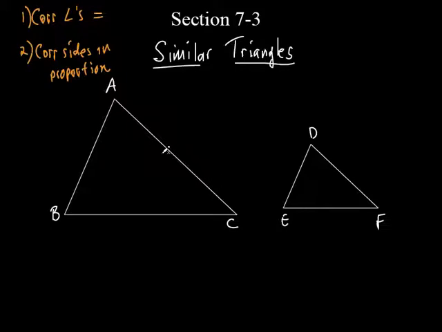But now, on this lesson, I'm not told that they're similar to each other. I'm just given a certain amount of information about these two triangles, and we have to determine if they're similar or not similar. We basically have 3 ways that we're going to learn today to see if these two triangles are similar.